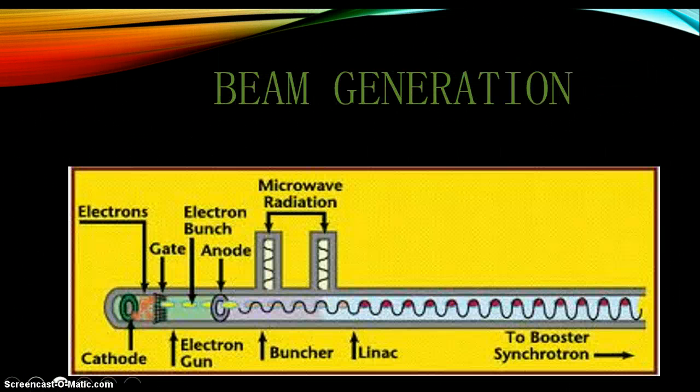This is the electron gun. This is the first part of the linear accelerator creating its X-ray. Electrons are kept in here, and the way you get the electrons out is you heat this thing called a cathode, and it shoots the electrons through the wave gun, which then mix with the frequency waves.